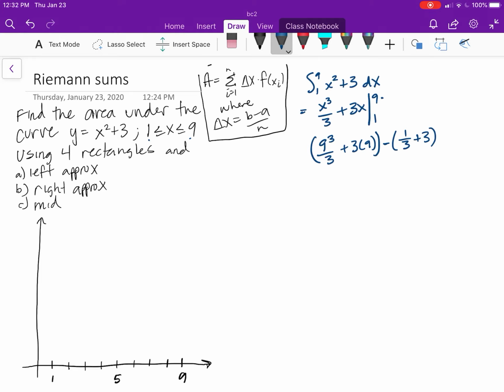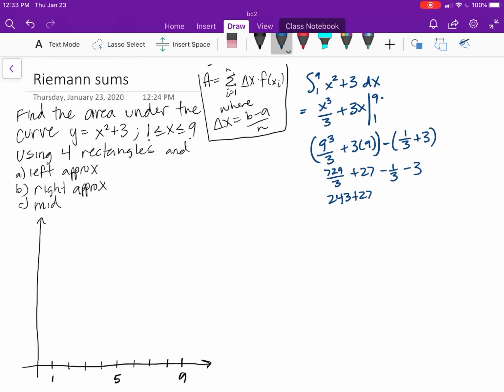So 9 to the third is 729 over 3 plus 27 minus a third. I'm going to just distribute. I was hoping that one of these would cancel the fractions. Subtract 3. 729 over 3 is 243.